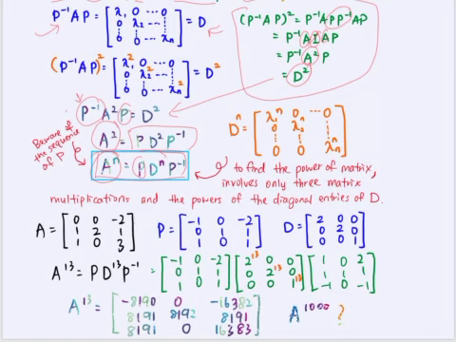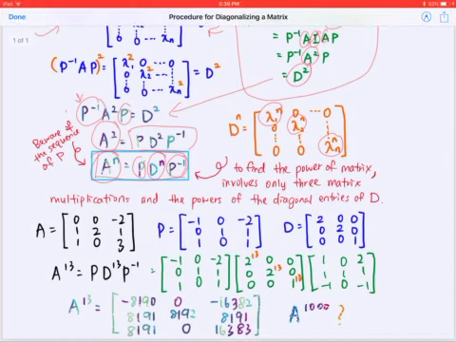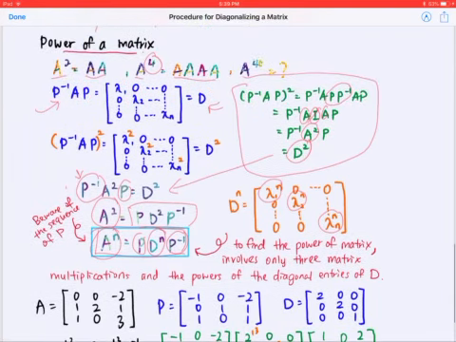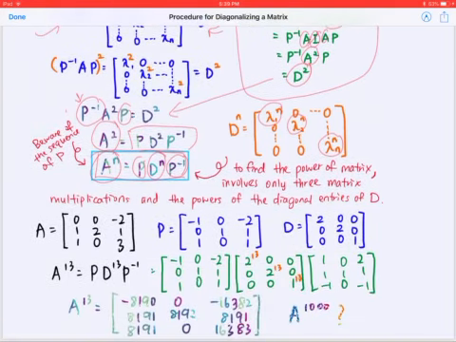Because you just need to deal with the P inverse, which is a straightforward matrix obtained from the eigenvectors, and the D raised to the power of n is basically just the entries or the eigenvalues raised to the power of n. So you don't need to repeat the multiplications of the matrix many times. So this actually saves the time for you to find out the power of a matrix.